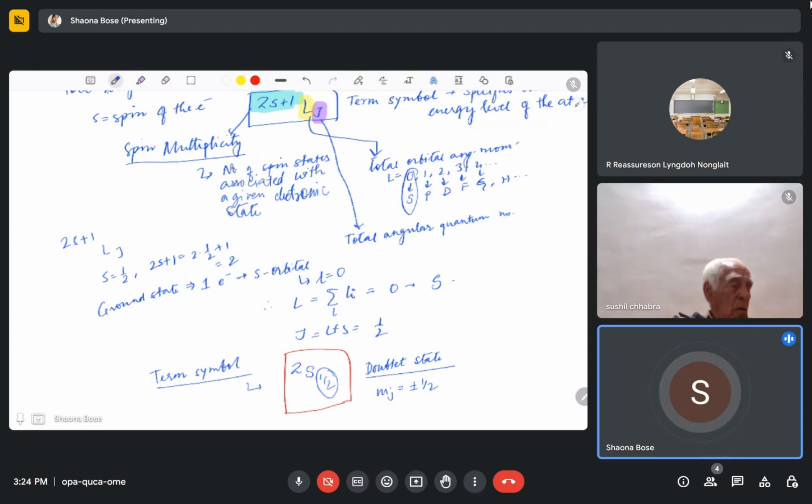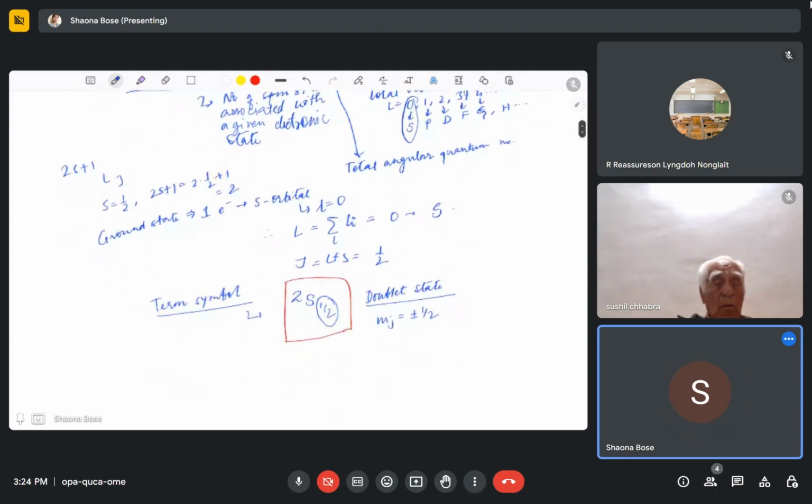So the ground state has a degeneracy of 2, because this total angular momentum can have a z-axis projection of plus half h-cut or minus h-cut by 2.